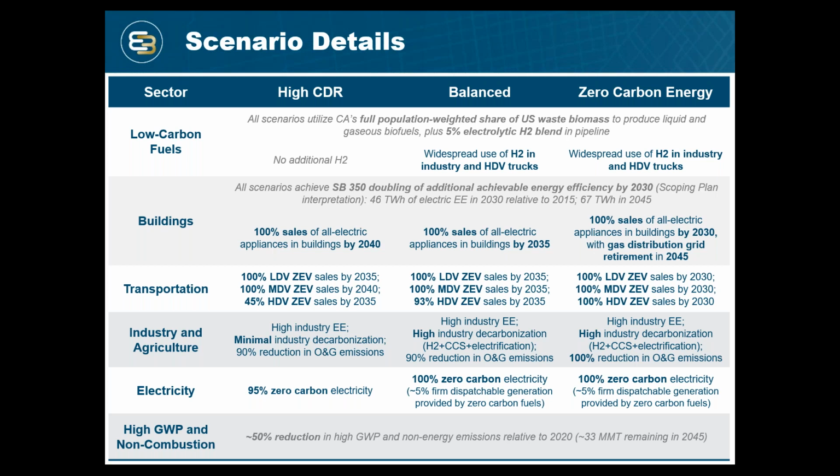So you can see that in the high CDR scenario, we're getting to 100% sales of electric appliances in buildings by 2040. That number is 2035 in the balanced scenario and 2030 in the zero carbon energy scenario. So it's getting more aggressive as we move from left to right in this table.